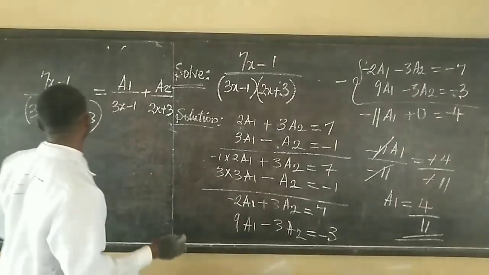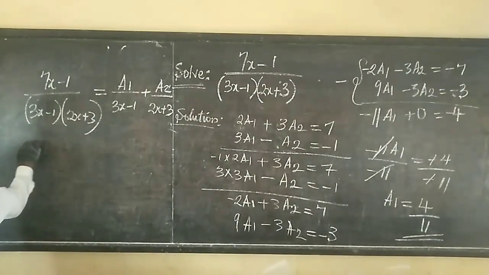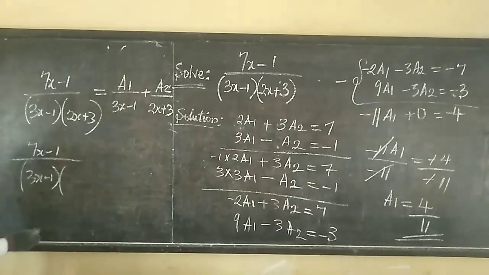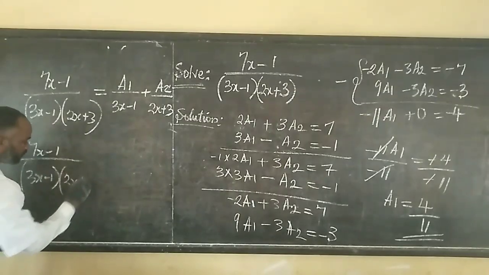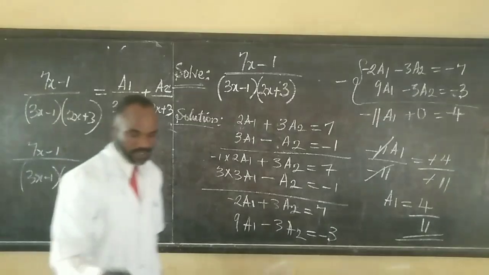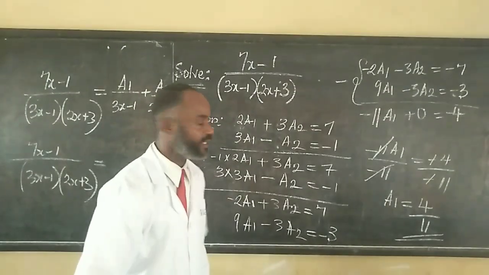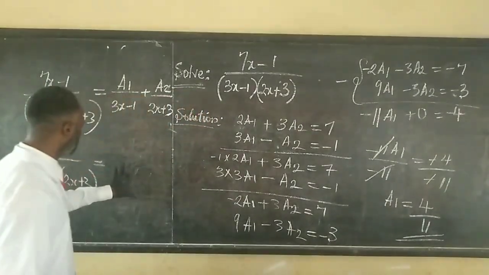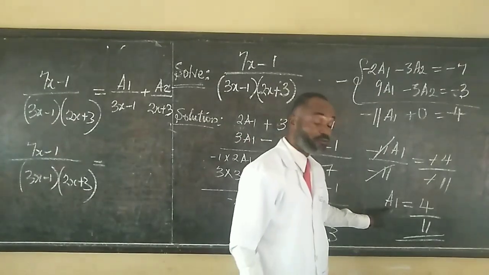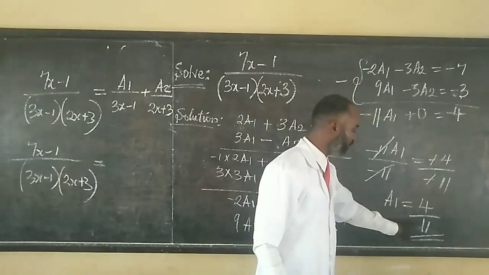And finally, we go on again, 7x minus 1 all over bracket open 3x minus 1 bracket close, 2x plus 3 bracket close, all equivalents. Okay? Look at that. Just watch this. For A1, we have 4 over 11.